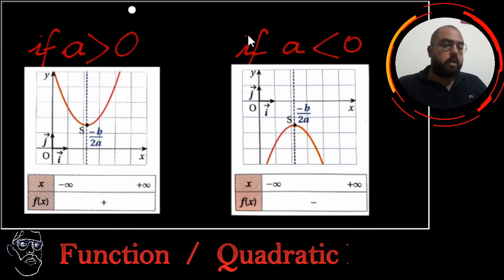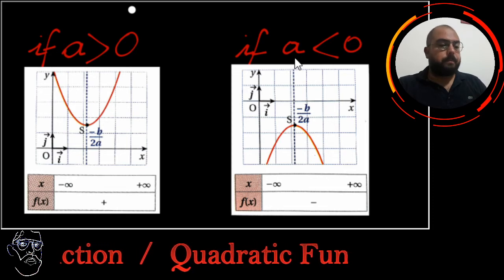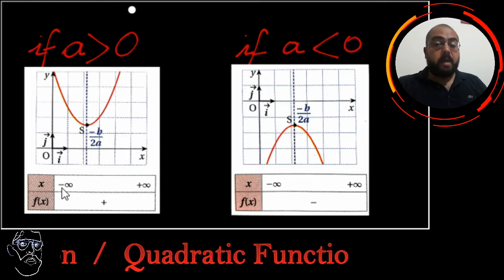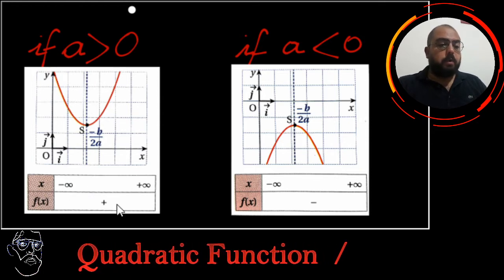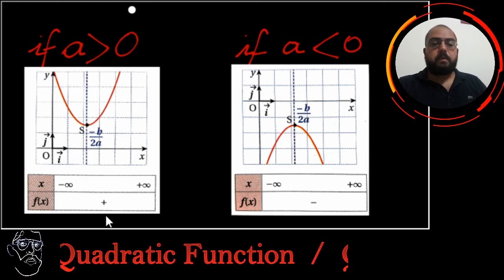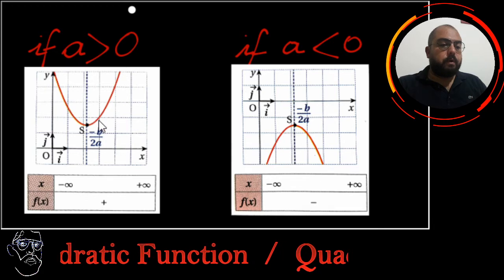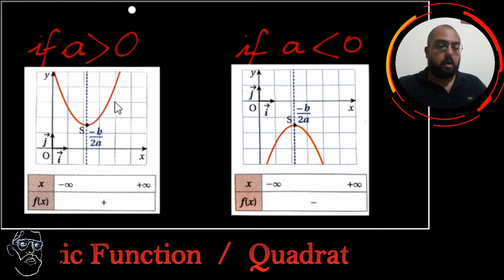So let's check what happens if a is positive and a is negative. For a positive, x can take any value from minus infinity to plus infinity, and the function will be strictly positive. Now, the curve which corresponds to a quadratic equation is called a parabola.